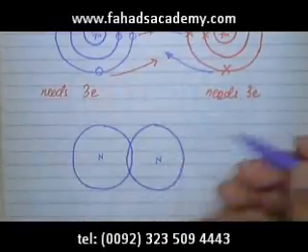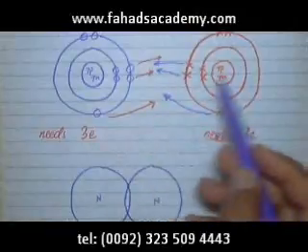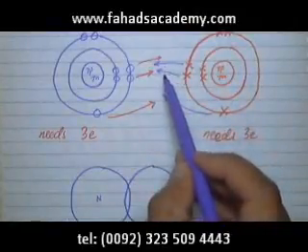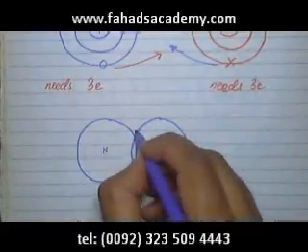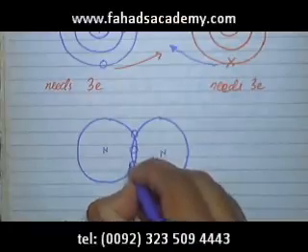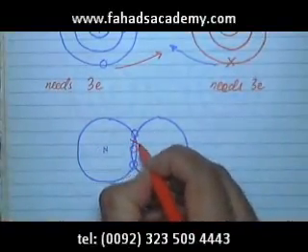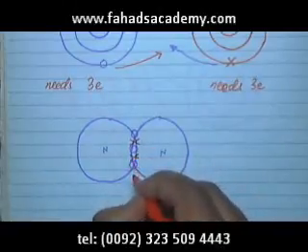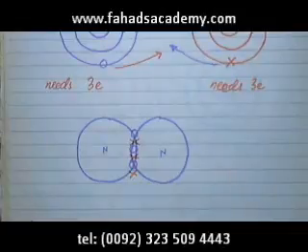And since both of them were trying to pull 3 electrons each from each other, in the center there would be 6 electrons that would then be shared between the two. So there would be one electron coming from this nitrogen, a second electron coming from this nitrogen, and a third electron coming from this nitrogen. Whereas from this nitrogen there would be 1 electron, 2 electrons, and 3 electrons. So a total of six electrons would be shared.